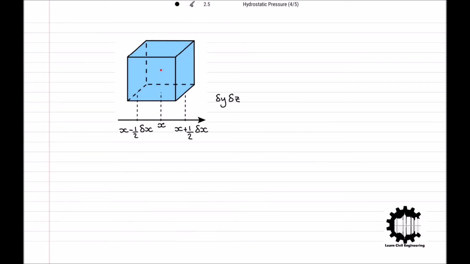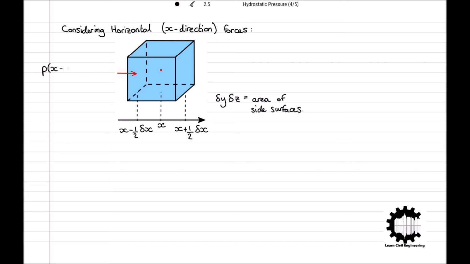Now, considering the forces acting on delta V in the horizontal x direction, we have the force acting on the left side of the fluid element, which is equal to the pressure with respect to the coordinate x minus half delta x, y, z, times the area of the surface, delta y, delta z, and then the force acting on the right side of the fluid element, which is equal to the pressure with respect to the coordinate x plus half delta x, y, z, times delta y, delta z.